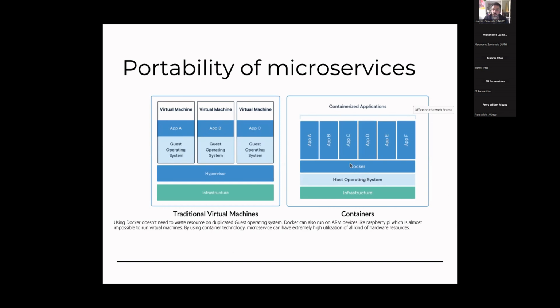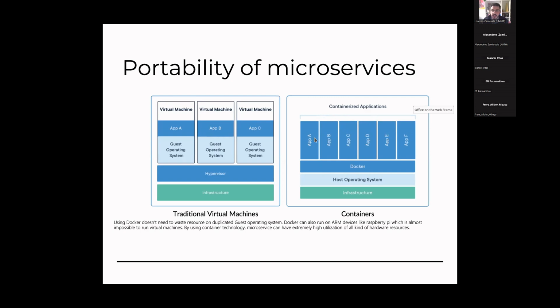Then we have the Docker engine. The Docker engine is one of the container engines, because there are many of them. One of the container engines that tries to negotiate the use of the underlying hardware for all the containers. Application A, application B, application C, and so on, all of them are containers.